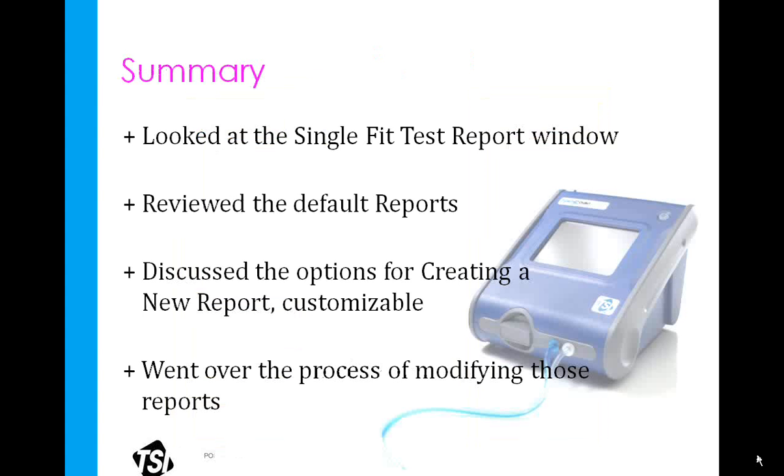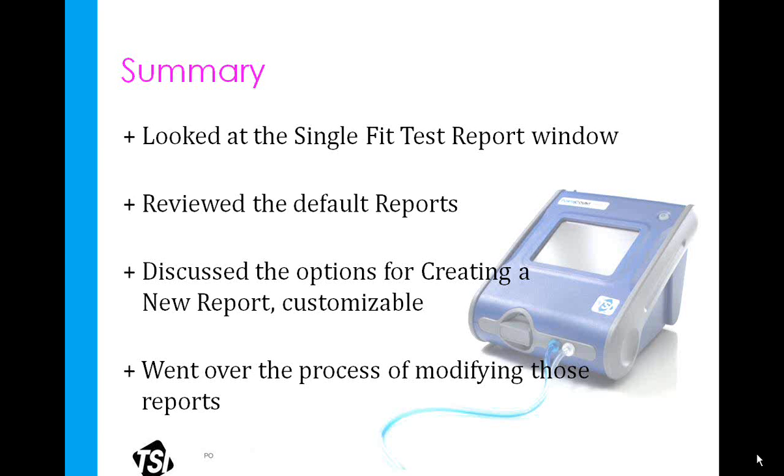So to sum up, we took a look at the single fit test report window, probably the most common report function to use and probably the easiest. And we also reviewed the more extensive reporting functions such as those in the Select Reports window. Looking at those reports that are auto-populated through the FitPro software and discussing how to create a new user-defined report, and also walking through the steps of how to modify a report after the fact.